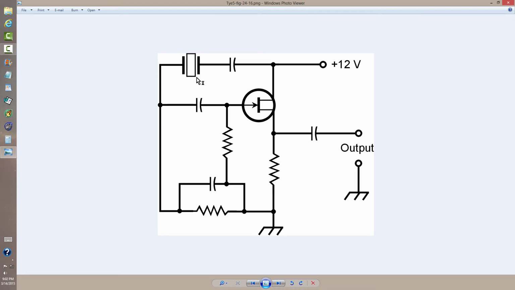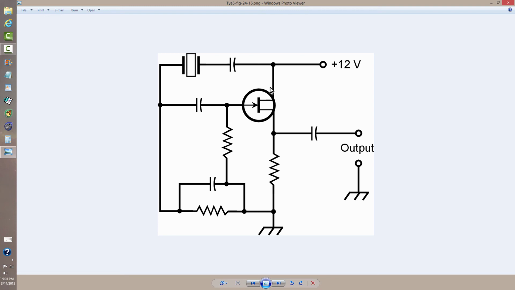But this is a simple Pierce circuit, and you can recognize the Pierce crystal oscillator configuration by the fact that the crystal is connected between the control electrode, in this case the gate of a field effect transistor, and the output electrode, in this case the drain of the N-channel field effect transistor.